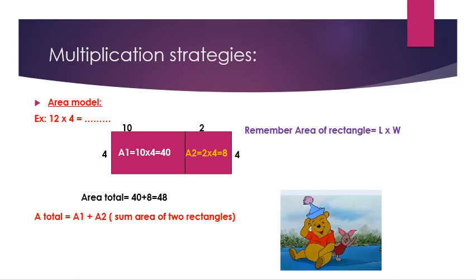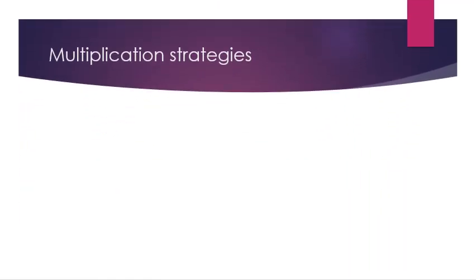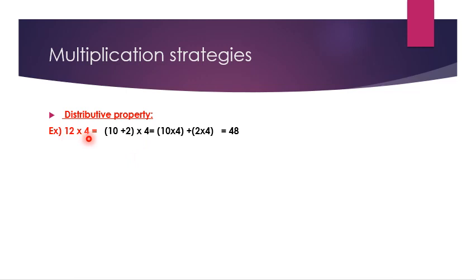Let's see the second strategy together now, which is the distributive property. All of you took the distributive property in Primary 3, right? Okay, let's remember together. How can I use 12 by 4 with the distributive property? Excellent. You remember, I will break 12 into two parts, 10 plus 2.